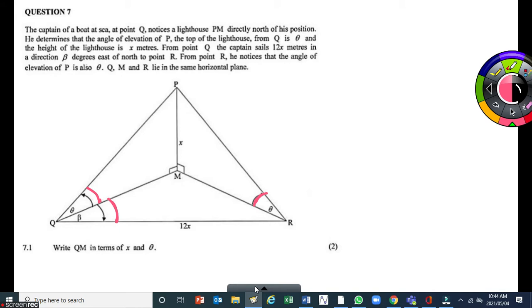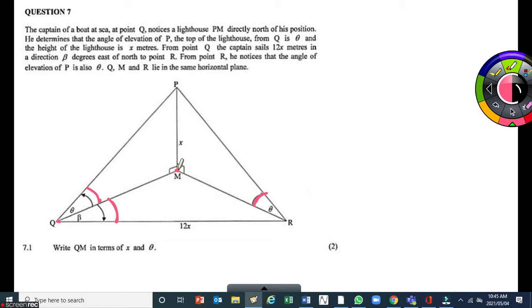Here, I need to write QM in terms of x and theta. There is no other letter or number, maybe just a coefficient in the answer. My QM is from here to there. QM is part of triangle PQM.